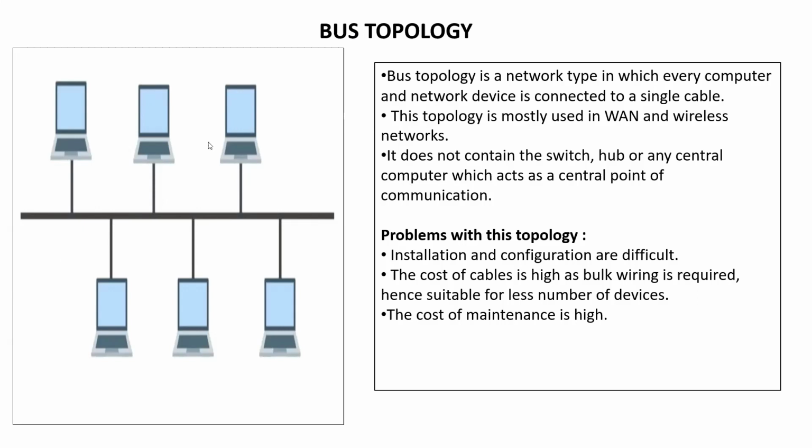So see, there is only one single cable. So obviously it will transmit the data from one end to the other in a single direction. That is important. There is no bidirectional arrow here. So our communication or transmission of data is only in a single direction.